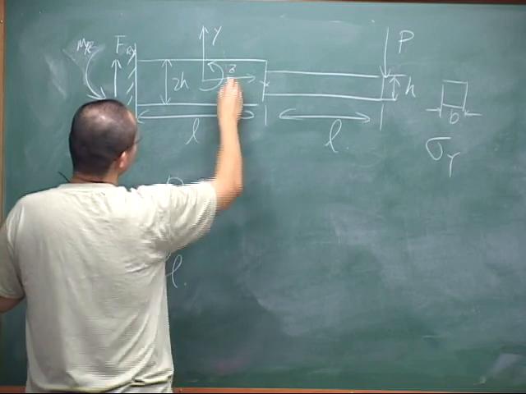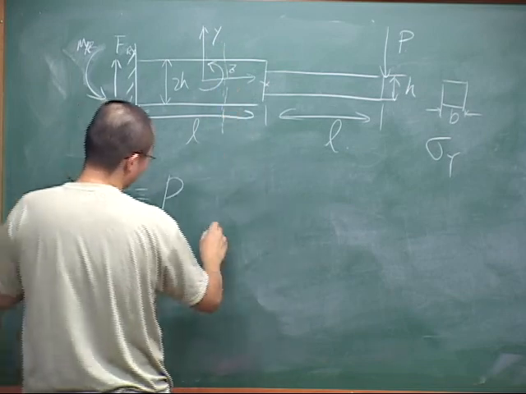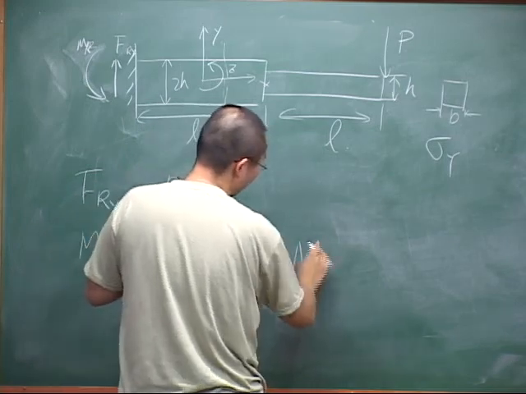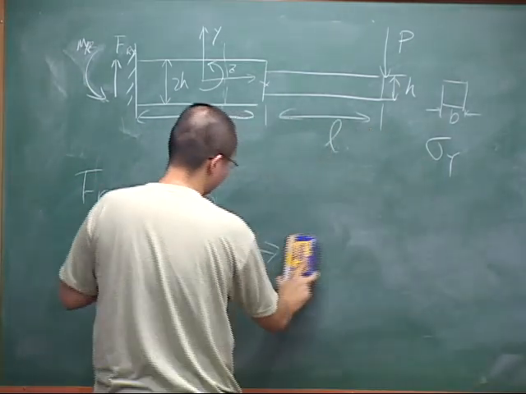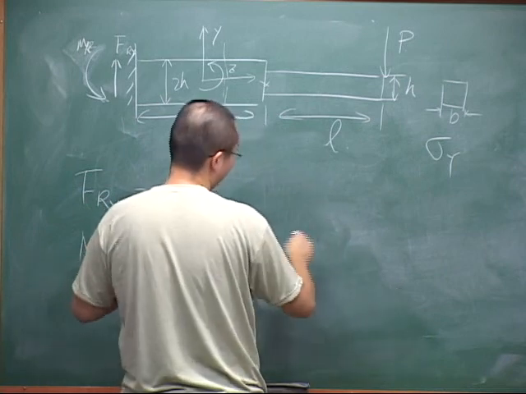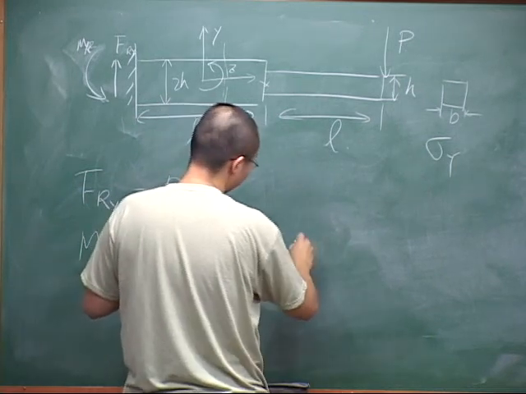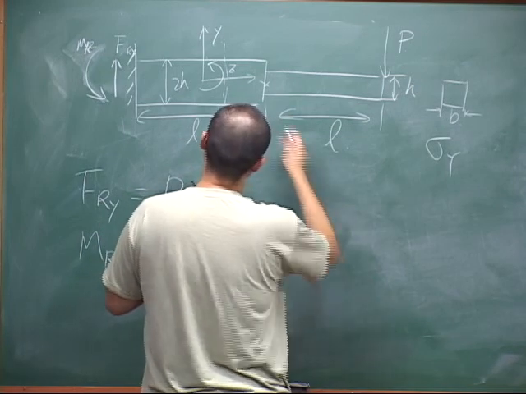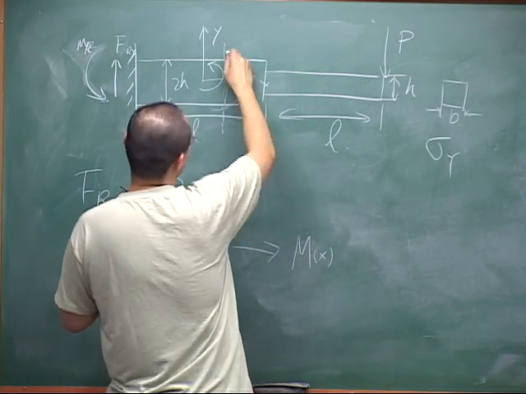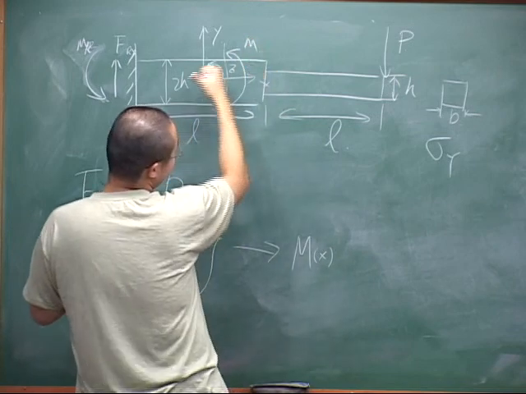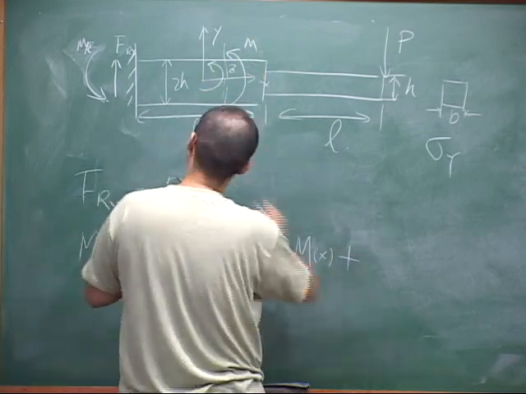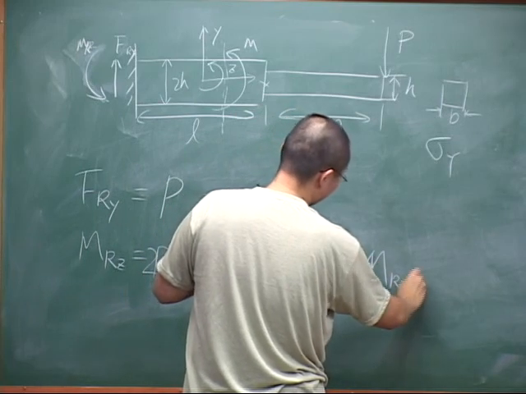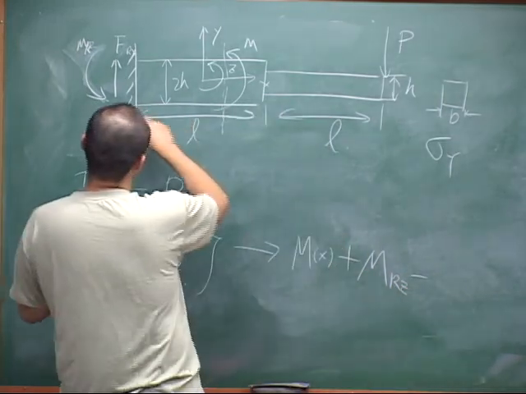For each section in the middle, we can find it based on the equilibrium of moment. Assuming here the bending moment is M, also in this direction, so it's positive, right? Plus MRZ minus. Why minus?